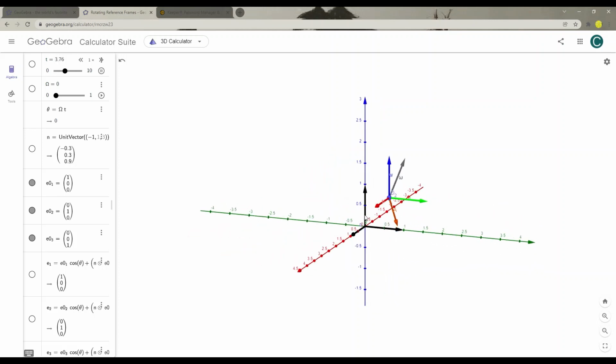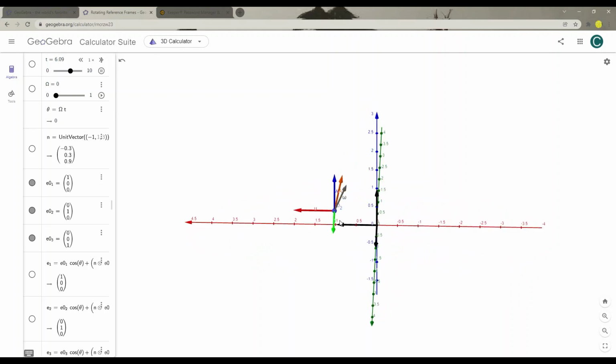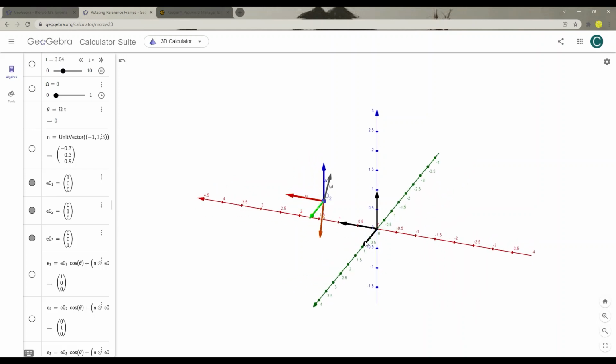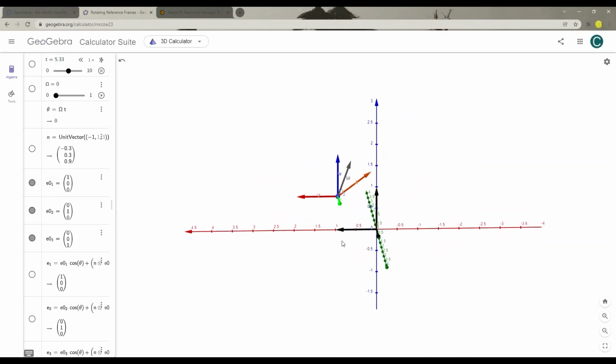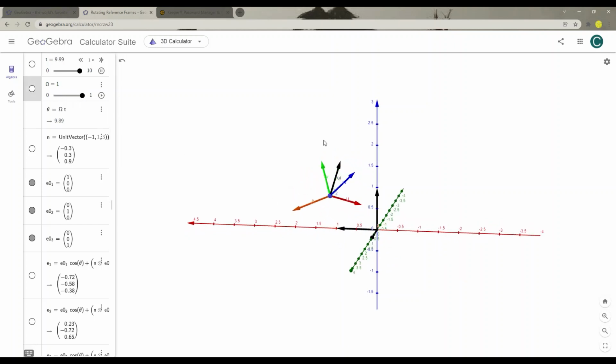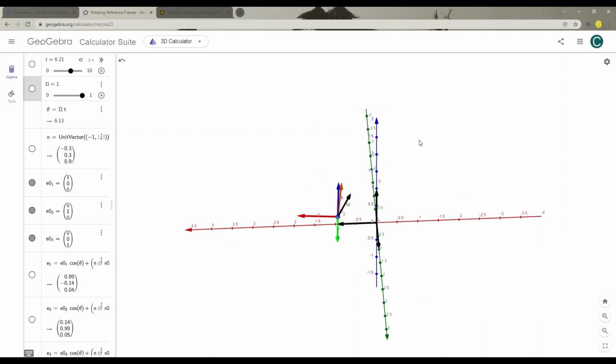So in this case, A is just simply rotating about the V axis, which is a rotated form of the y-axis. So now the reference frame is rotating, and the motion of A is quite complicated when it comes to describing it in the inertial reference frame, but still quite simple with regards to the rotating frame.